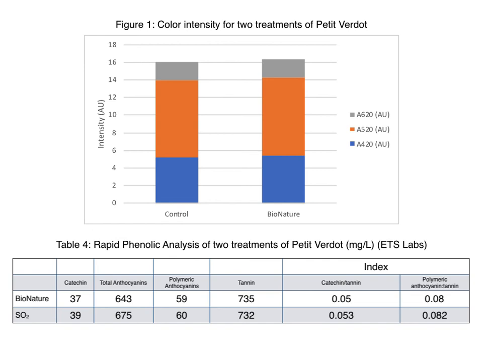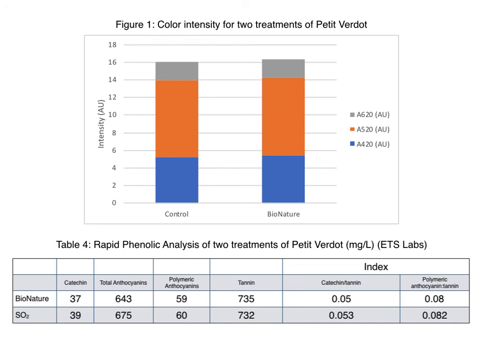And so again, in order to say that that was anything other than just interesting, we would probably need to do replicates to see if we got that every time or if that was just due to random chance. And we don't really see any notable differences in any of the other phenolics. So it seems like in this case there was no price to pay for not using SO2 when it comes to color and phenolics.